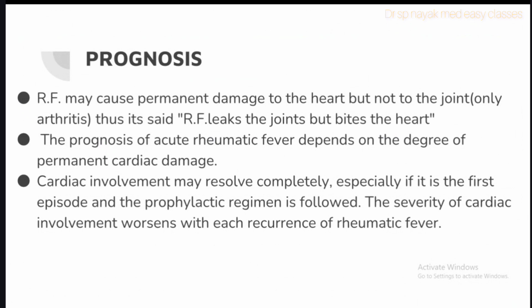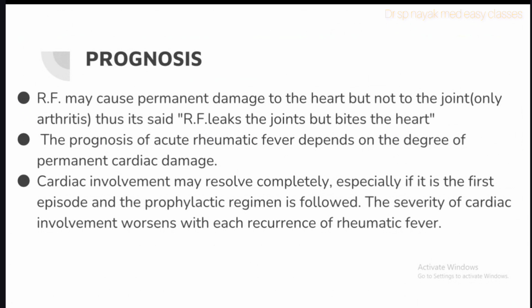But the damage to cardiac muscle can be the degree to count the prognosis of rheumatic fever. Cardiac involvement may resolve completely, especially if it is the first episode and the prophylactic regime is followed.